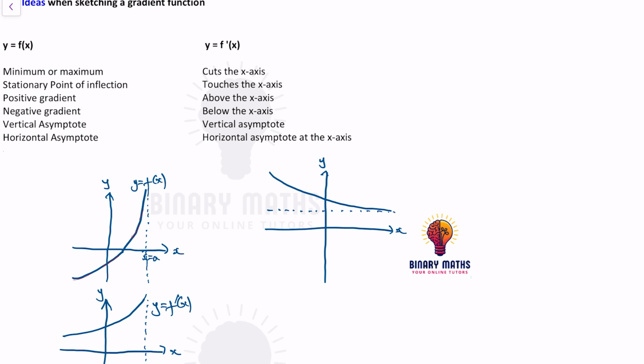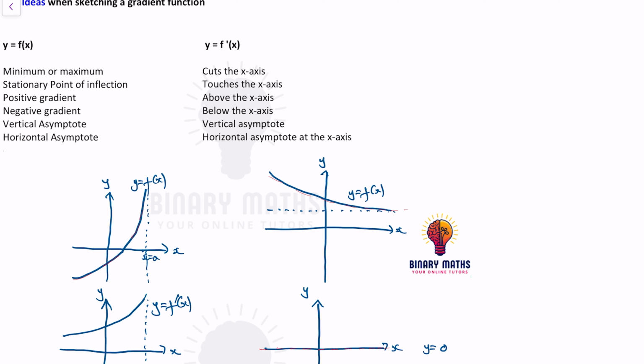Okay, so this is y is equal to f of x. Now if I were to look at the gradient function, okay, if I look at the gradient, I can see my gradient is always negative, but then as it's getting closer and closer to the asymptote, it's getting closer and closer to 0, which means I'm going to have an asymptote, because it's getting closer and closer to 0, but the gradient is never reaching 0, and that means y equals 0 is an asymptote in the gradient function.